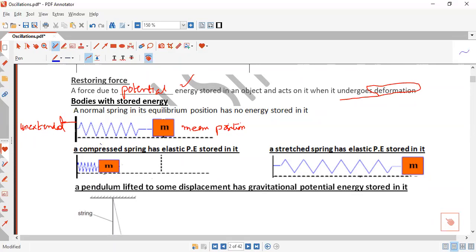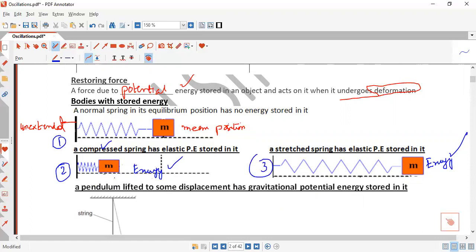Okay, if it is compressed, would there be any energy stored? Yes, energy will be there, right? And if it is stretched, then yes, energy will be there stored in it, and that energy is what? Elastic potential energy. So what do you think, students, this is, let's say, the first case, this is the second case, and this is the third case.